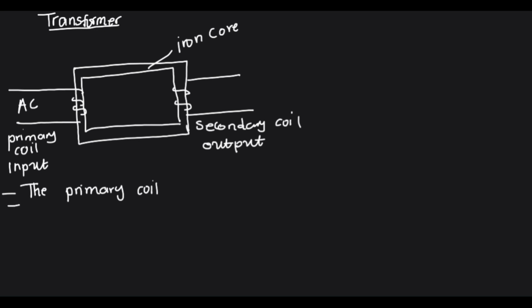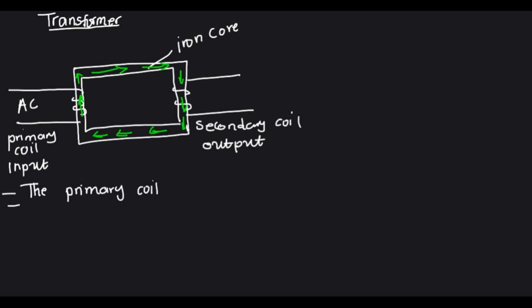Then the second step, what happens if this alternating current passes through the primary coil? When alternating current passes through the primary coil, it creates the alternating magnetic field lines. So I'm trying to give a picture. This in green denotes the alternating magnetic field lines.